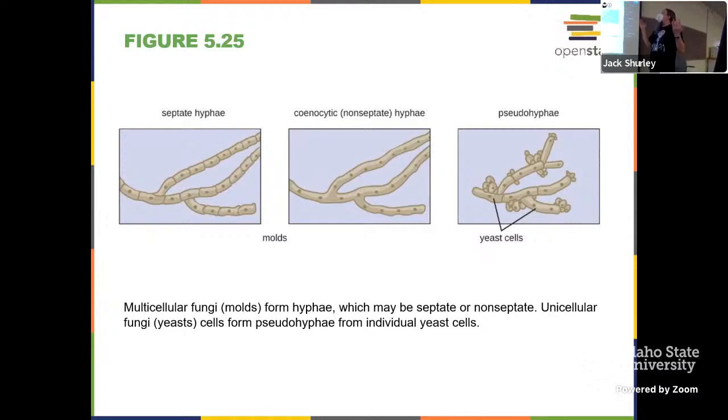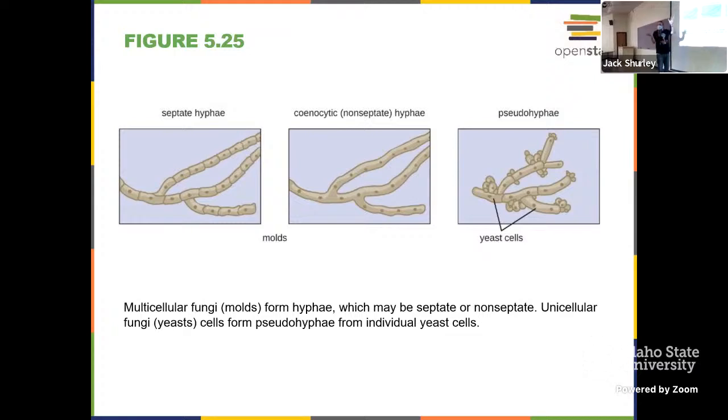So this is kind of thinking like a microscopic view. It's still a cartoon image, but like microscopically what we would see. So with our molds, if we were to look at them under a microscope, they may look one of two ways. This first one has lots of little divisions in between all of the dots or the nuclei. The separation we call septa. These are septate hyphae.